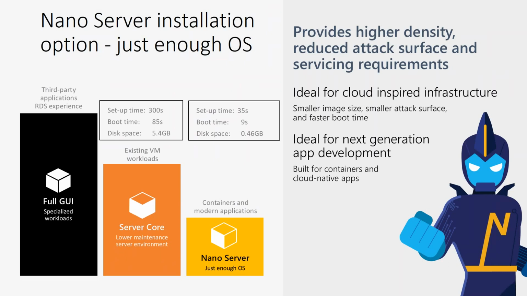But the Nano Server is a minimized deployment option of Windows Server 2016. You do have to install it a different way. It doesn't install directly from the operating system disk. You have to basically run the deployment.